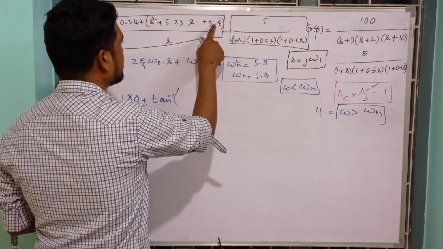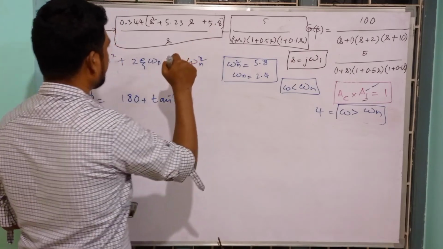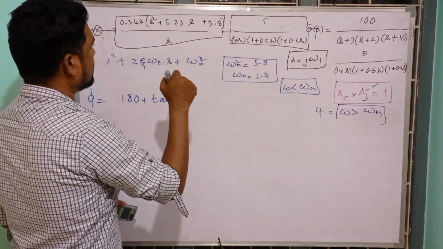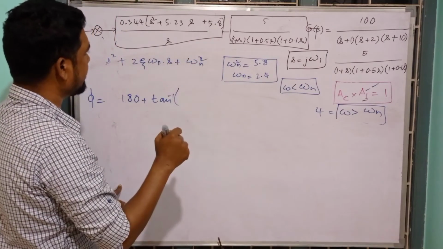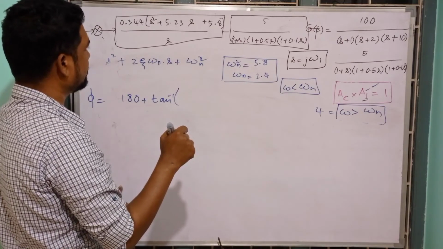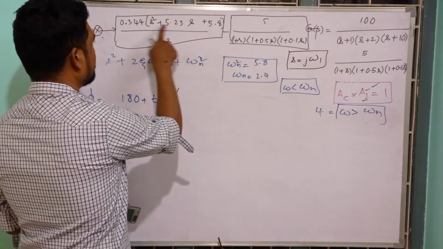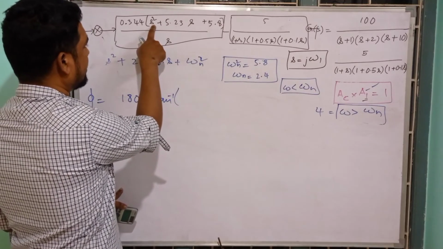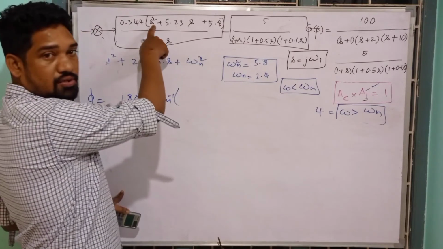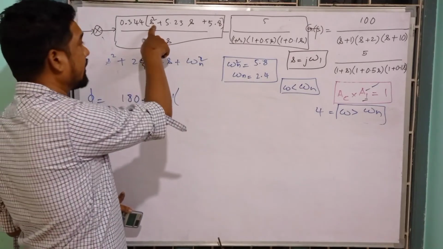So this one will be b by a, tan inverse b by a, in the sense where what is left over with this will be the imaginary. This goes away, we don't have this imaginary again. Why? Because s is equal to j omega, so j squared becomes minus 1, we don't have imaginary over here.